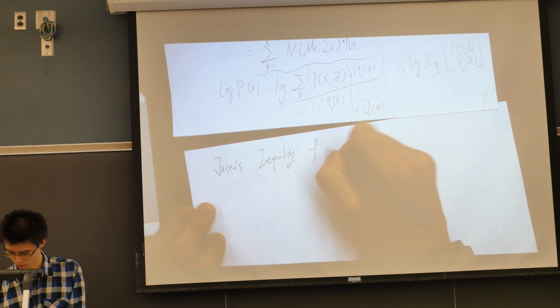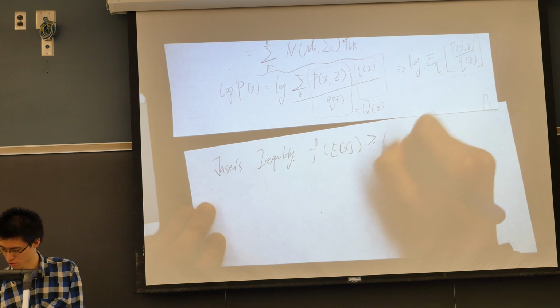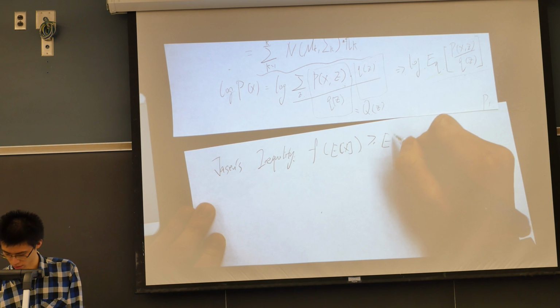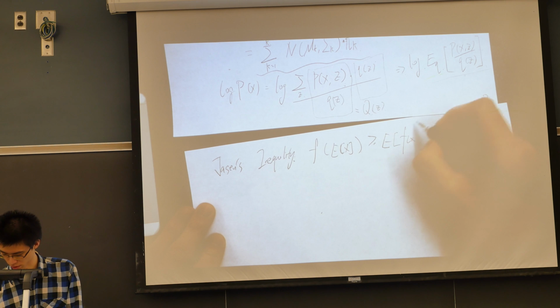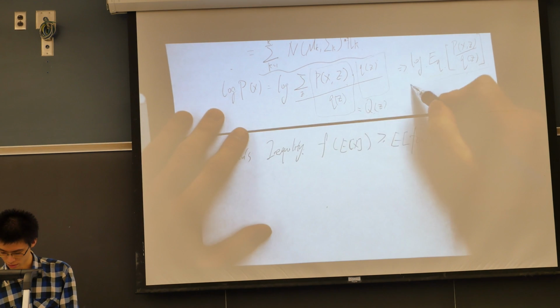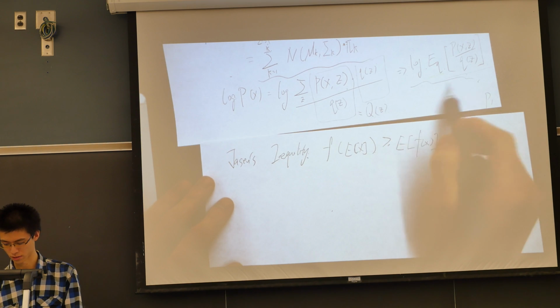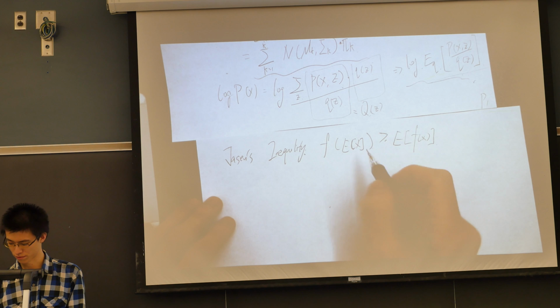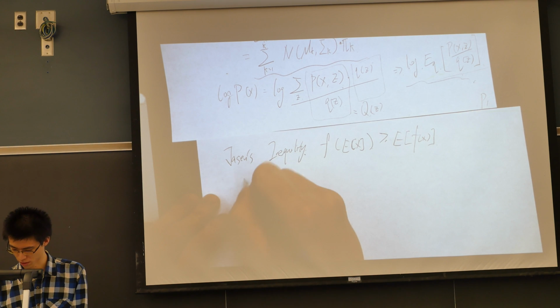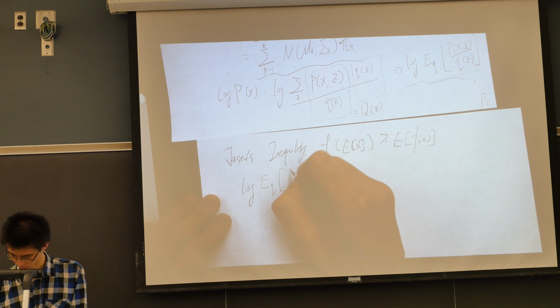It says that f of the expectation of x is greater than or equal to the expectation of f of x. Now consider this formula here. We can follow Jensen's inequality, then we can write out something like log of the expectation over q.